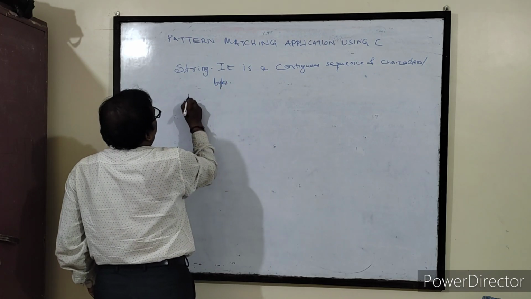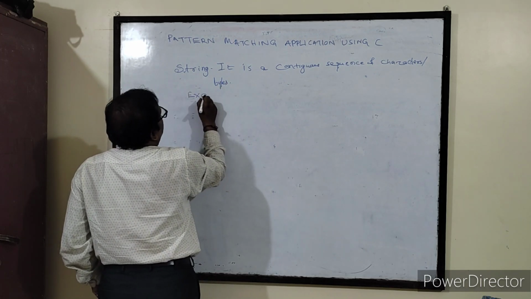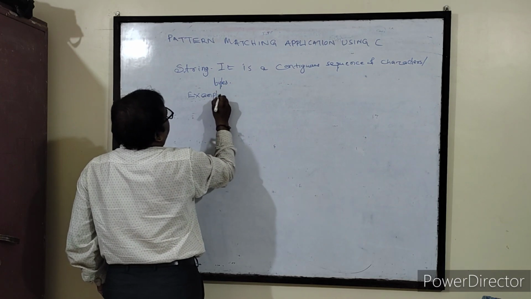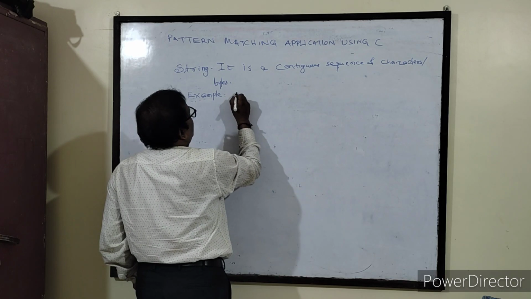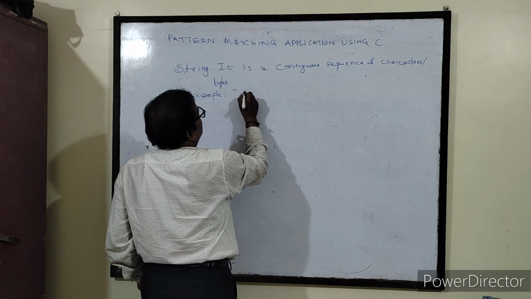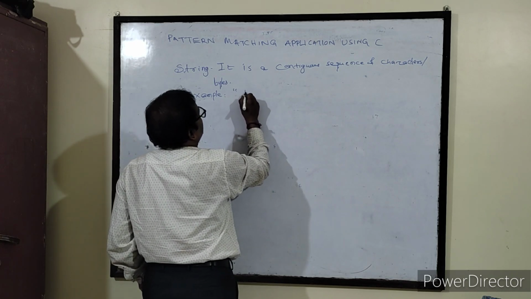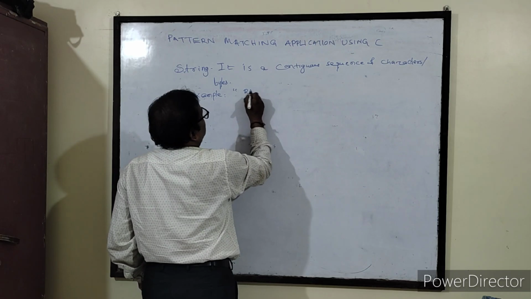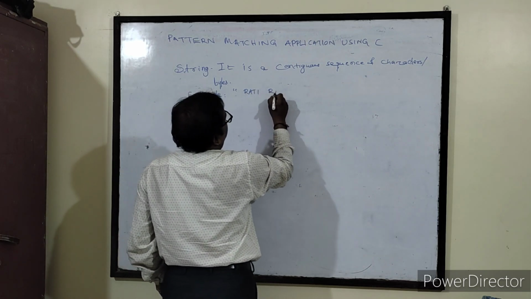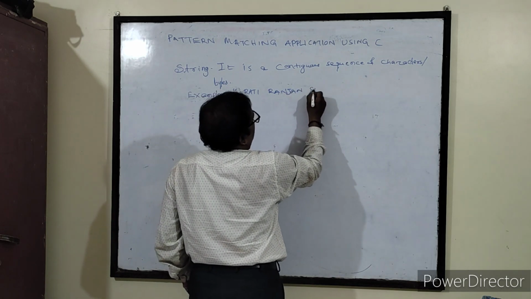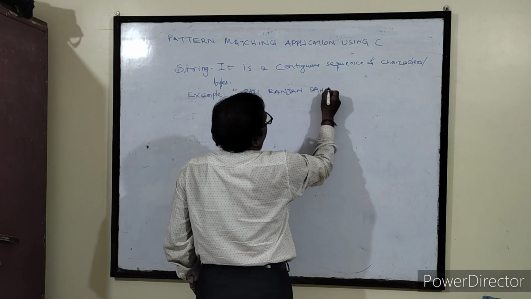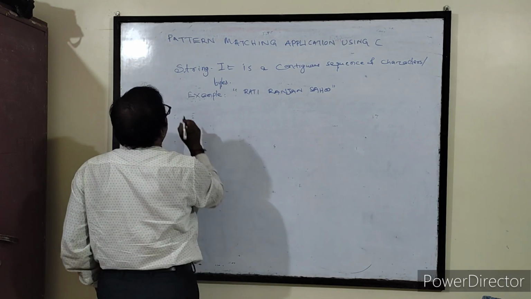Example, let me give you one example of a string. My name is Rati Ranjan and Sahu, right? And what is a substring here?